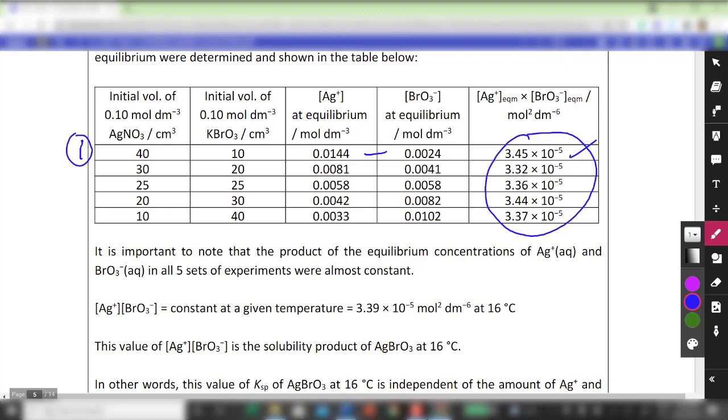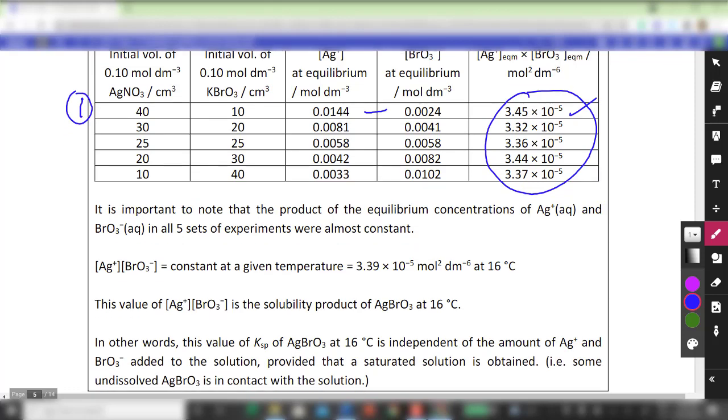Let me just reiterate this: it is only true if you attempt to dissolve silver bromate salt in pure water. Then yes, the silver plus and bromate concentrations will be the same. Essentially the concentration is the square root of 3.39 times 10 to the power minus 5.